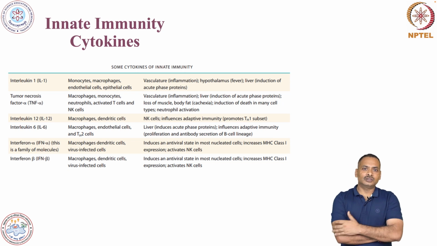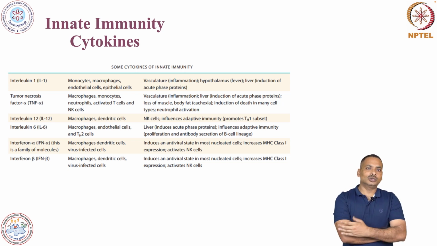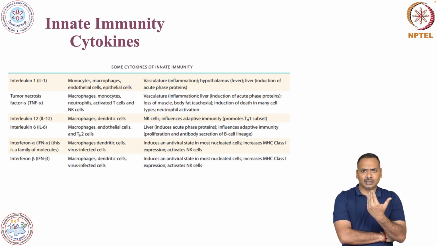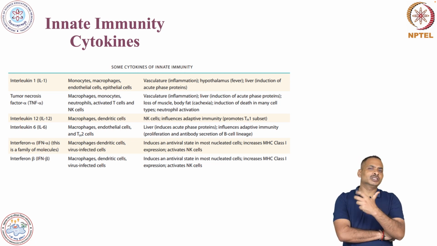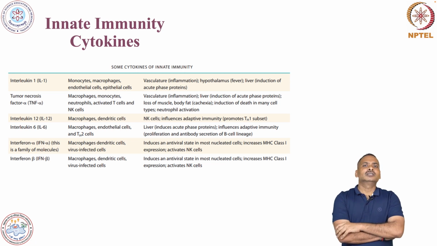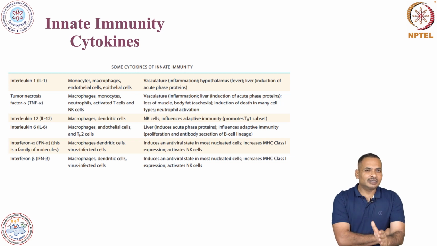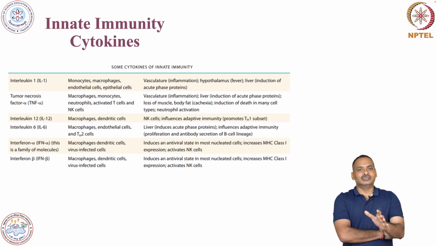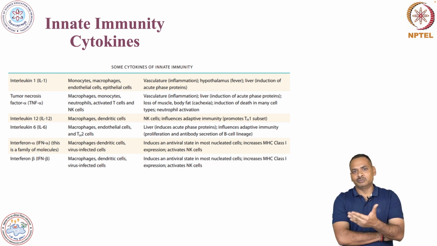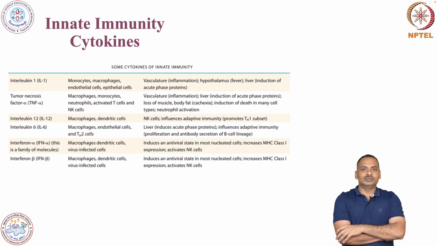When I say interferon, this is type 1 interferon, and under type 1 interferon there are two major interferons, that is interferon alpha and interferon beta. So these are the key innate cytokines. Do not take it that these are the only cytokines; there are some other molecules also which play an important role in innate immune responses.